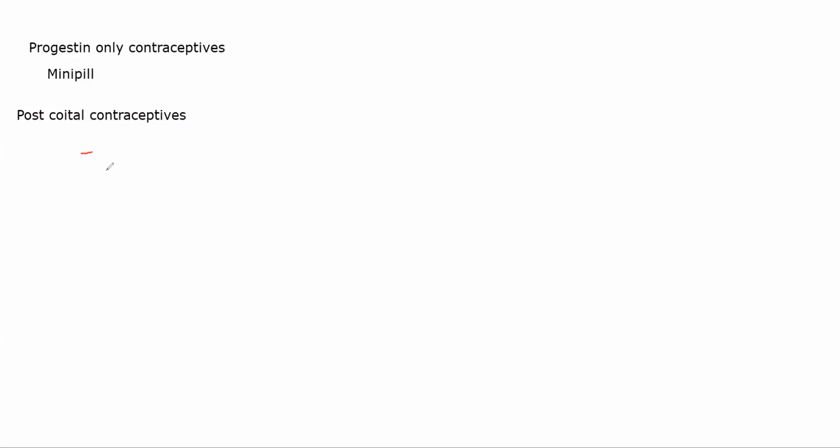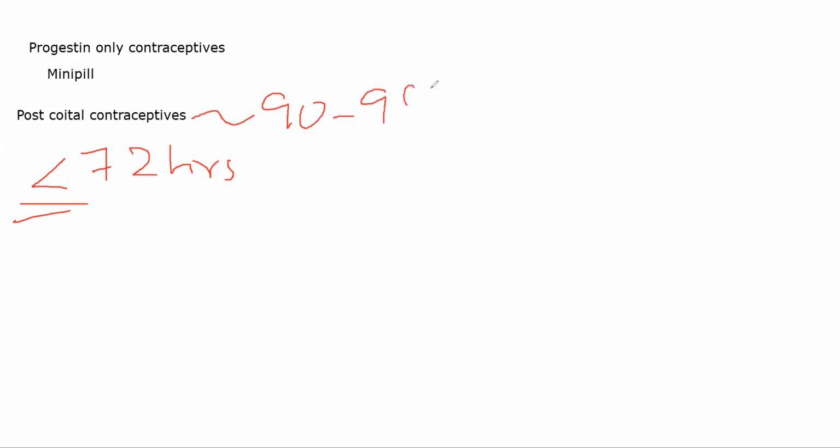Now, the pill should be started as soon as possible, within 72 hours. You have to take the pill less than 72 hours after coitus. If you take it after 72 hours, it is useless. The highest efficacy will be around 90 to 98%. It's very good efficacy. Almost 90 to 98% of times it will stop conception from happening.